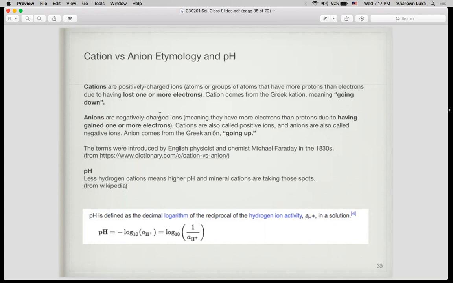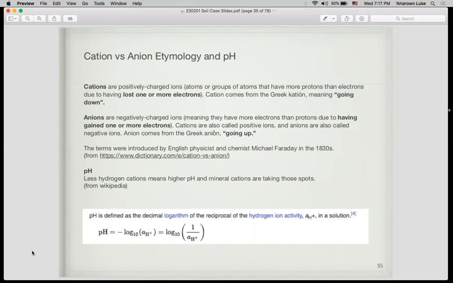That means you gained an electron, and you have a negatively charged ion. So this is a little bit abstract. It came from Michael Faraday in the 1830s, what I found, but that is what we have.